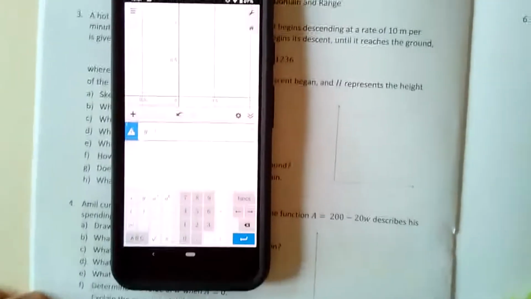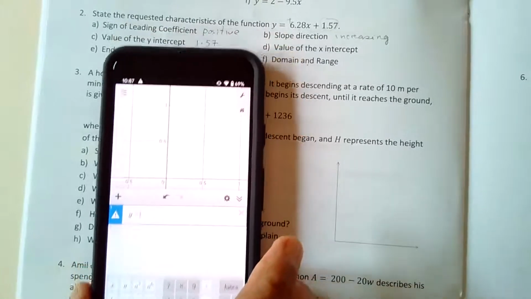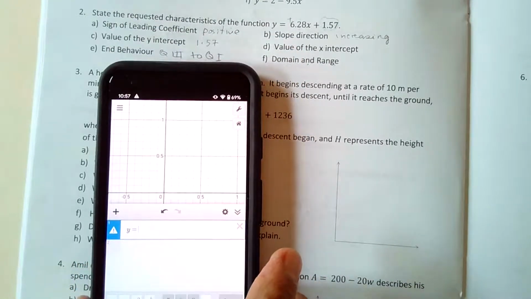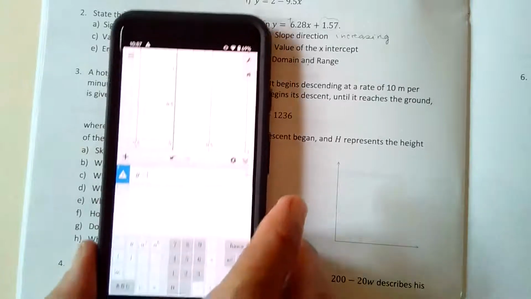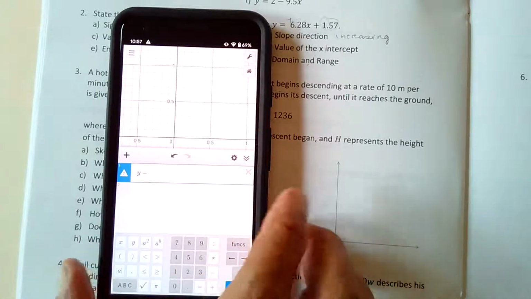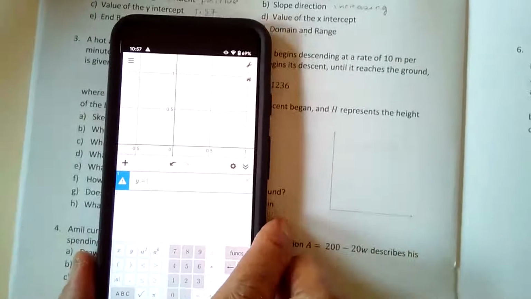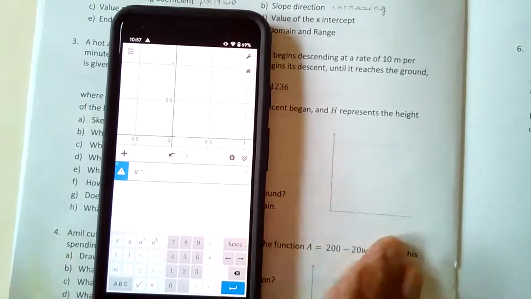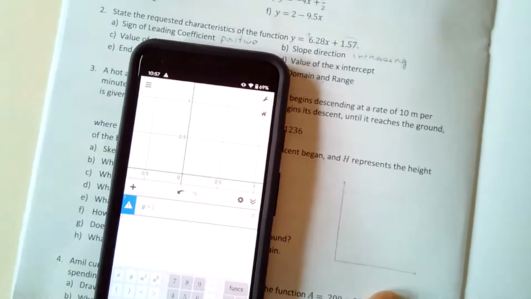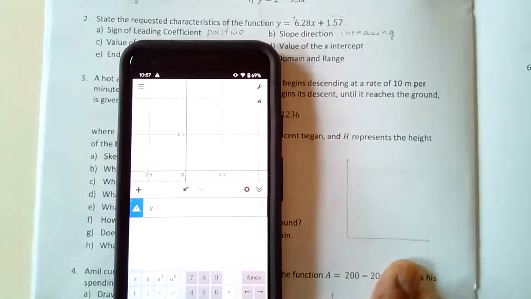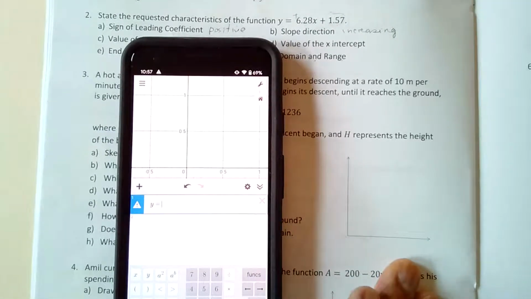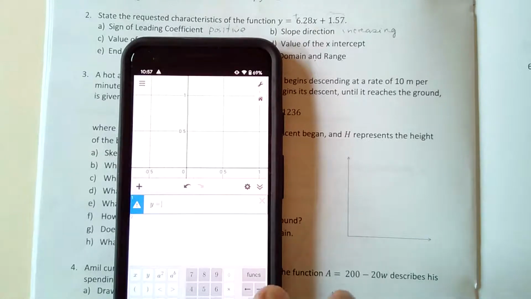I may have to zoom out so you can see. Sorry about that, I need to adjust my document. Y is equal to 6.28x plus 1.57.